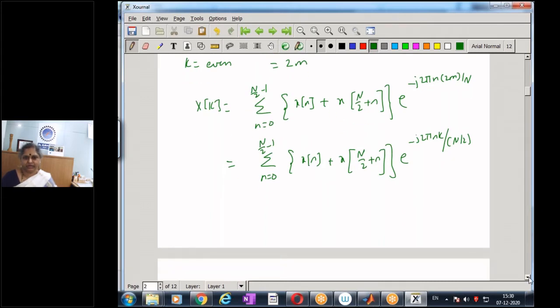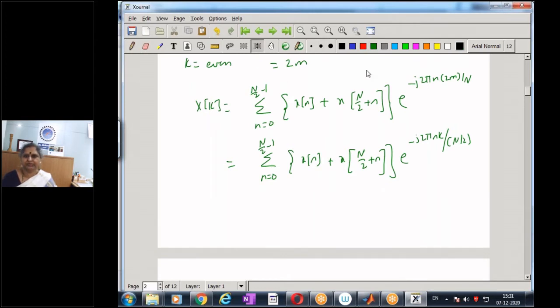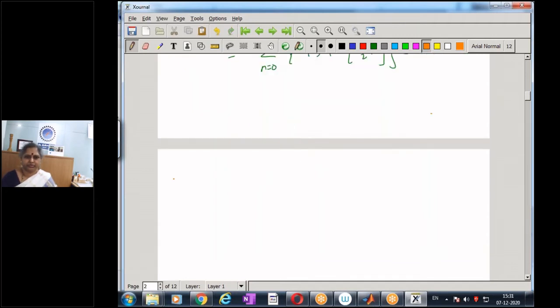Similarly, when k is odd, let's take k equal to odd, say 2m plus 1.